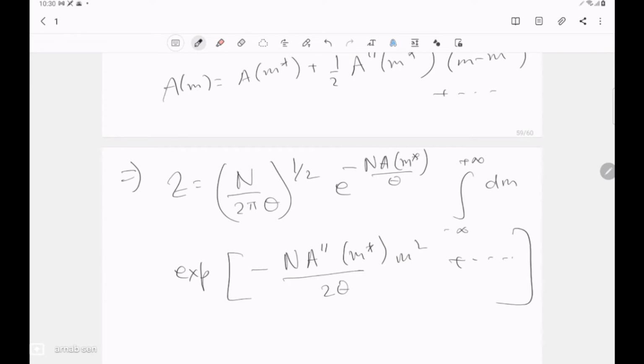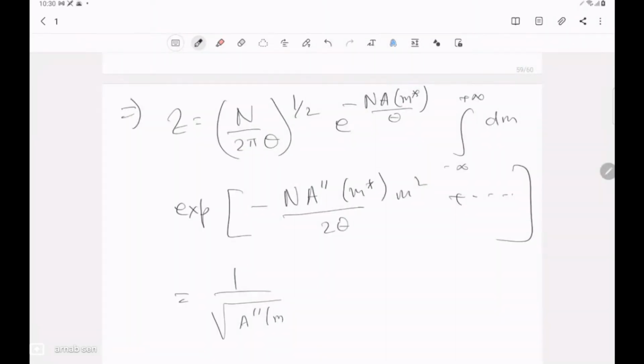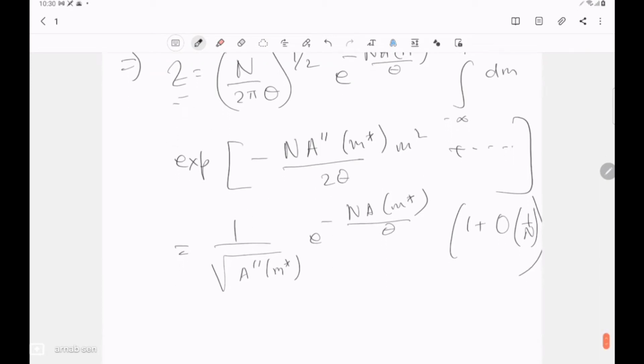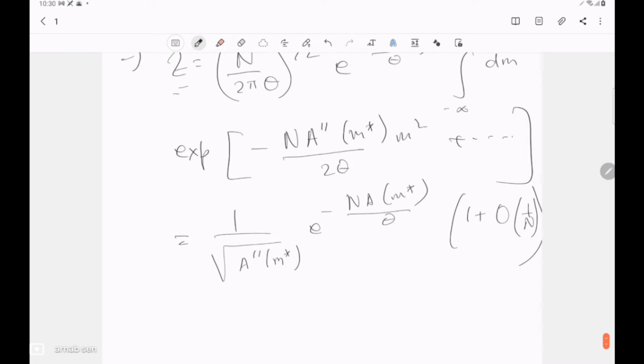When I solve it, I'll basically just get this plus higher order terms, which I've ignored in this calculation. Now, taking N tending to infinity, this is not an approximation anymore, because when N is really large, I can justify dropping this term. This is a very precise statement.